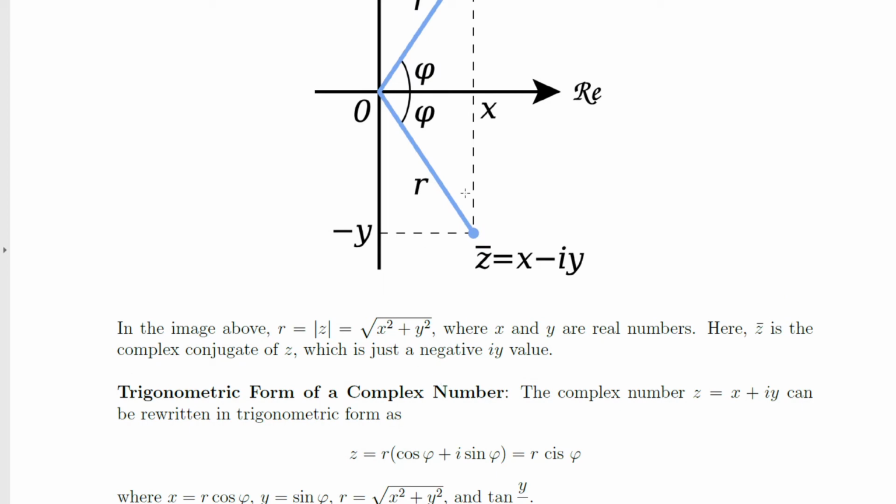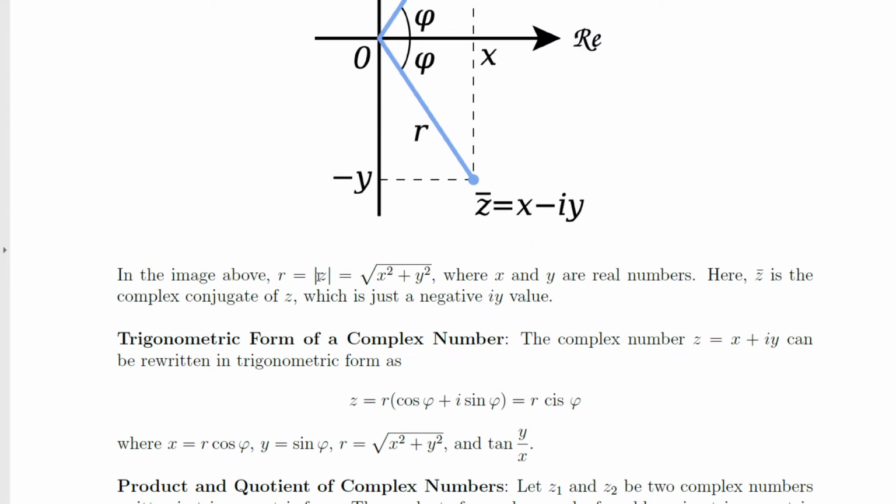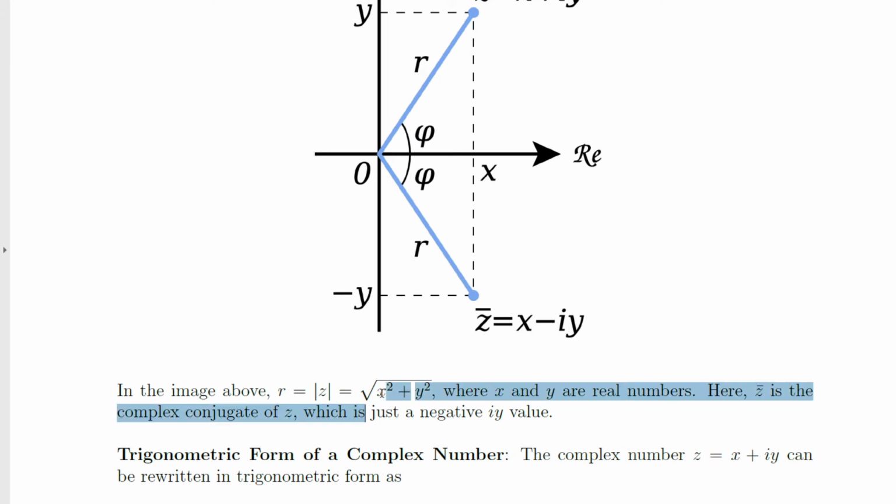If you're studying statistics, they use the bar to mean something different, but in complex land, I'll call it, we'll be using this to represent the opposite. All right, so in the image above, we have r is equal to the absolute value of z, and the absolute value of z is just going to be the square root of x squared plus y squared. It's just using the Pythagorean theorem.